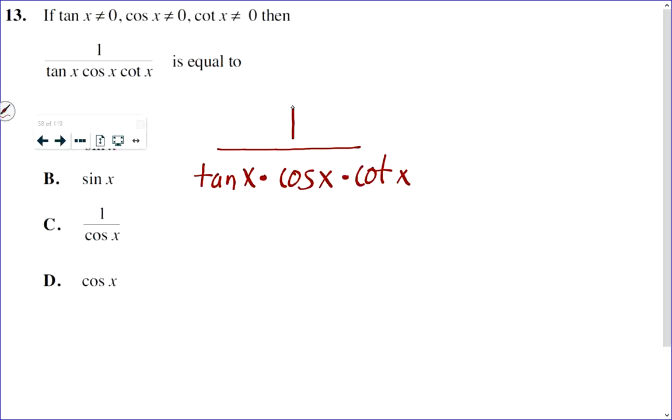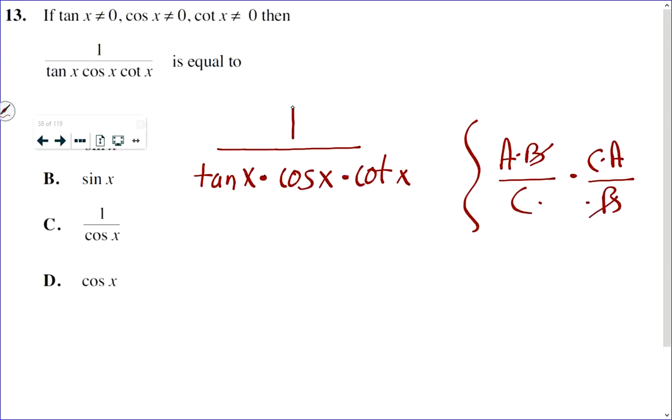If I had this, I'm multiplying everywhere across the top and the bottom. So anything on the top that's a factor with an identical factor on the bottom is fair game for canceling.